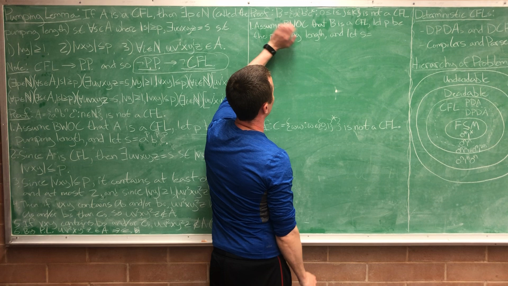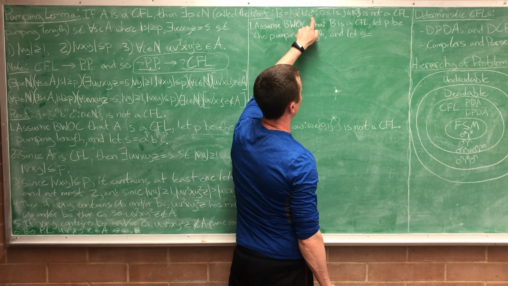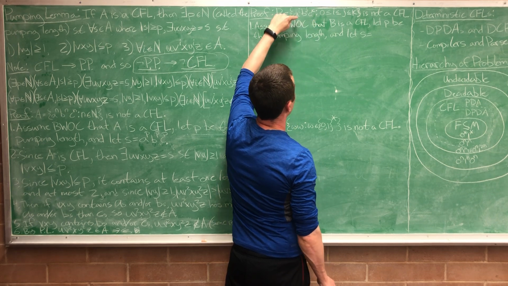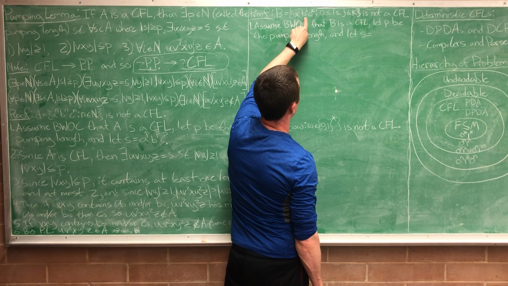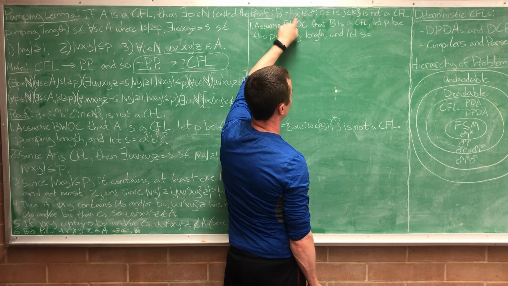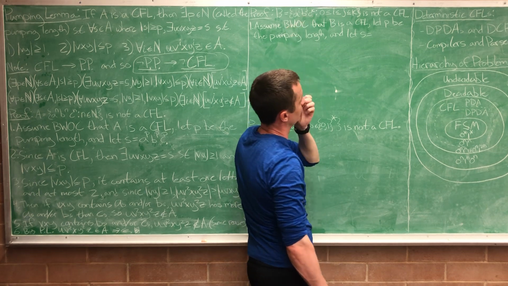What's our language? It's some number of A's followed by some number of B's followed by some number of C's, where we have more C's or the same number of C's as B's, and more B's or the same number of B's as A's. So the number of A's is less than or equal to the number of B's is less than or equal to the number of C's.